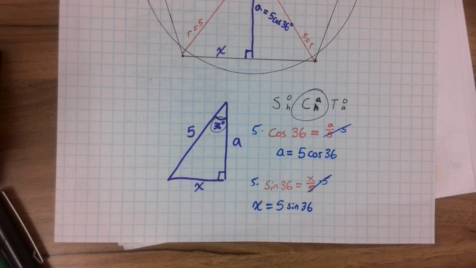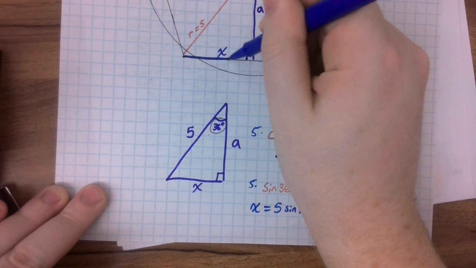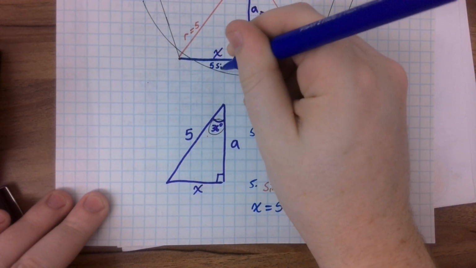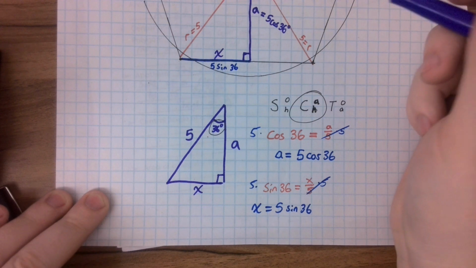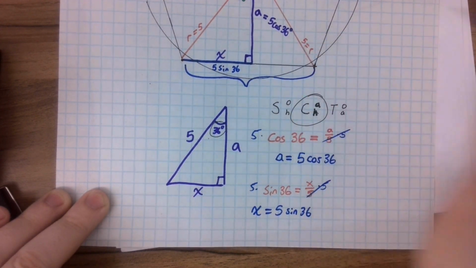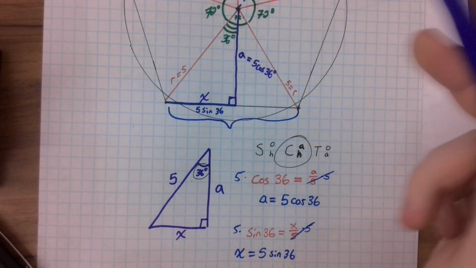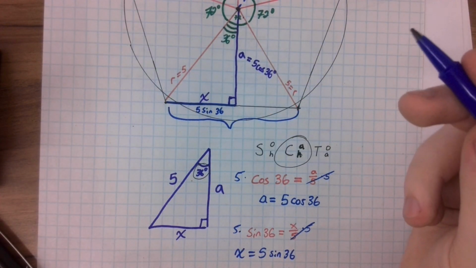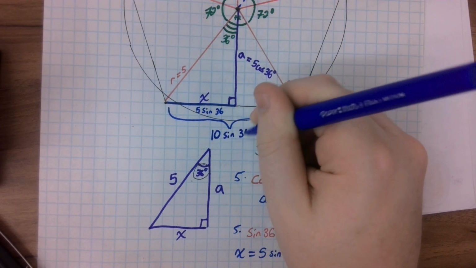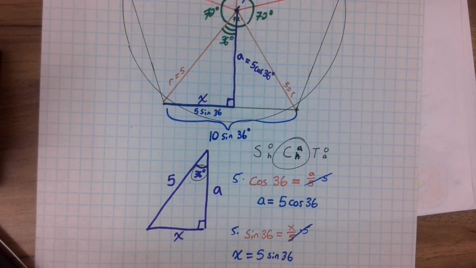That's this part of the side, this half. But just remember, if this is 5 sine of 36, we want the entire side, which is double that. So what's 2 times 5 sine of 36? 10 sine of 36.